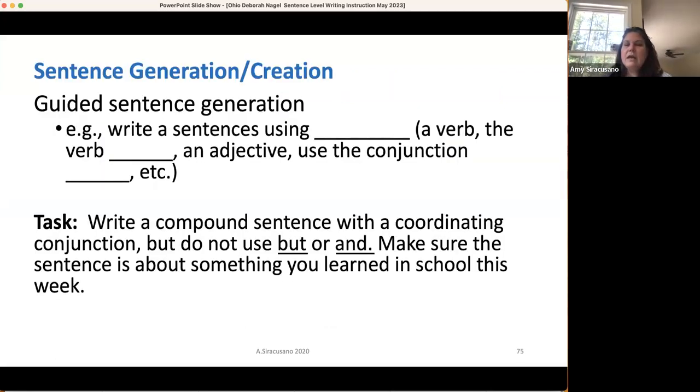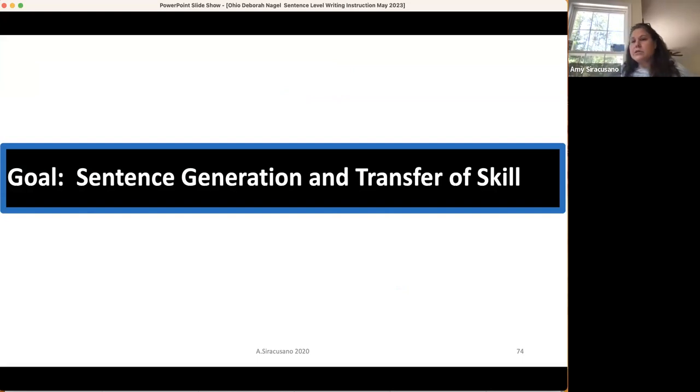That's good. So as we get into instructional approach, the goal is sentence generation, but the ultimate goal is to get kids to transfer the skill into their own writing, right? And this is the problem with many of us, myself included, who used to do daily oral language every day out of those DOL books and worksheets and dittos, right?